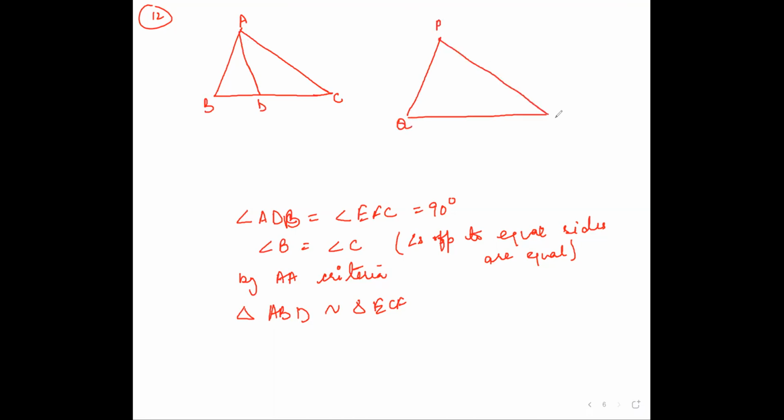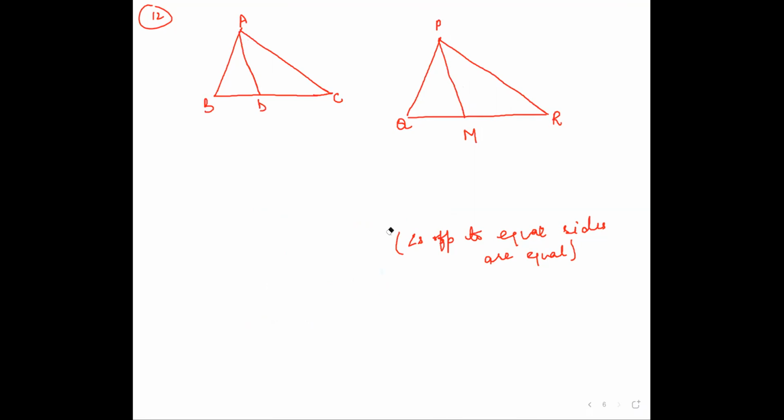P, Q, R, and then M. Right. First of all, write down whatever is given and whatever we have to prove. So you will tell me what is given here. Yes, Rida, what is given here? AB by PQ is equal to BC by QR is equal to AD by PM.